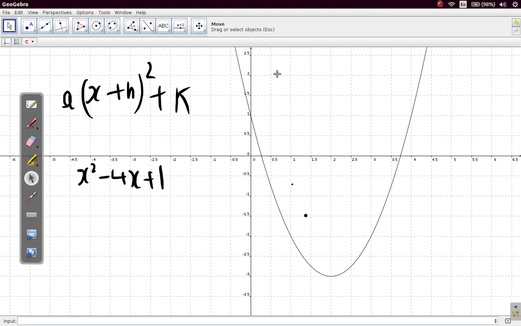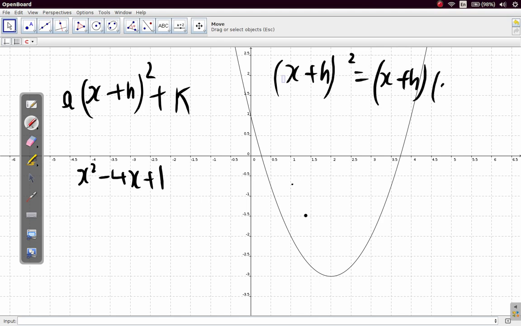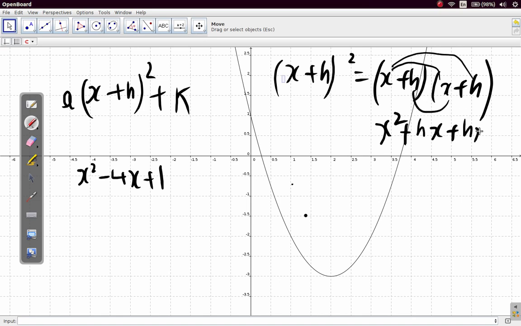You know that if you have (x plus h) squared, it is the same as (x plus h)(x plus h). When you multiply them out, you have x squared plus hx plus hx plus h squared. So it's x squared plus 2hx plus h squared.